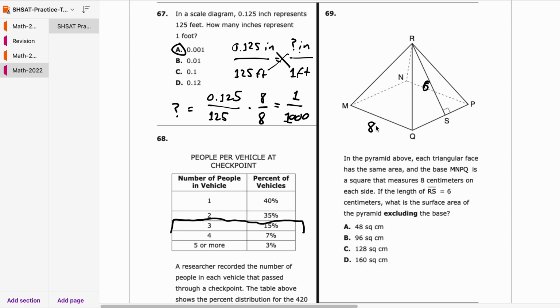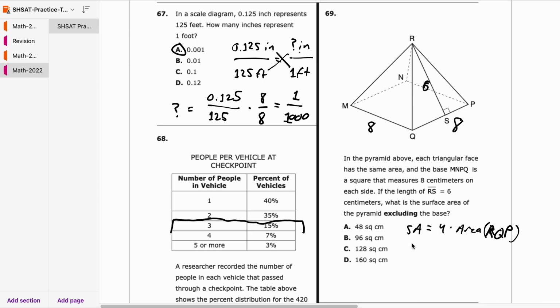So let's write this down. The surface area is equal to 4 times the area of any of these 4 triangles. So we can say of RQP, because all the triangles are going to have the same area due to the fact that each side is of length 8.